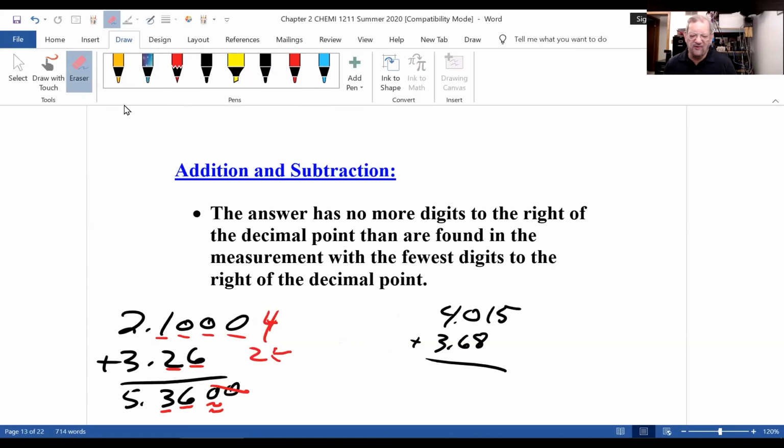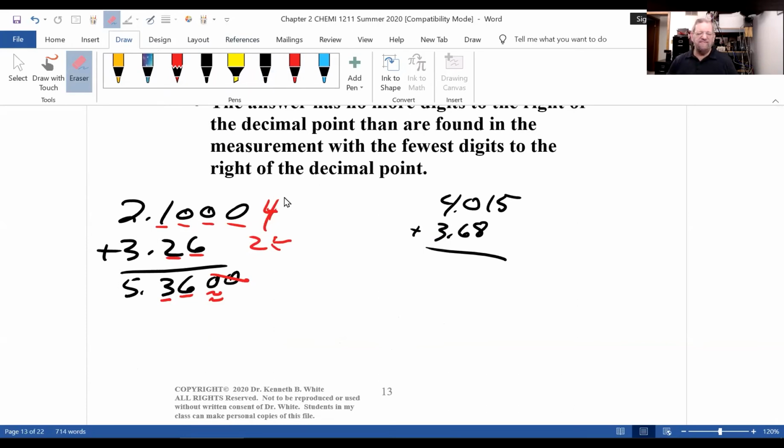All right, why don't you do this one? What would be the correct answer for this problem using proper significant figures? All right, I see it.